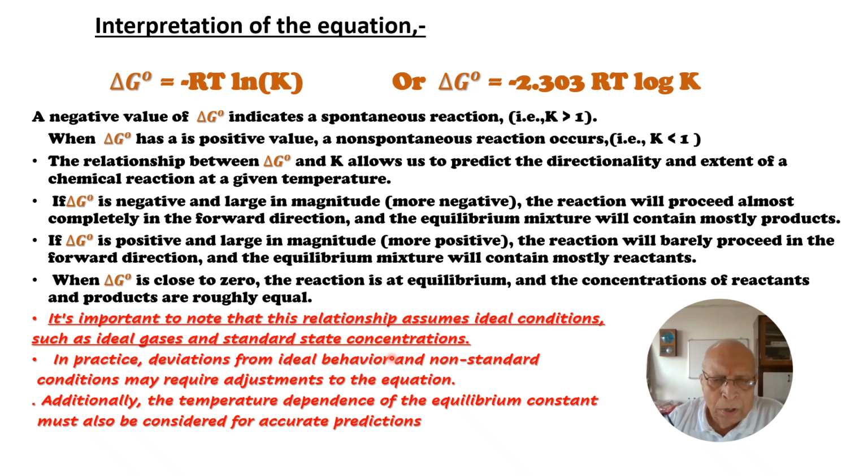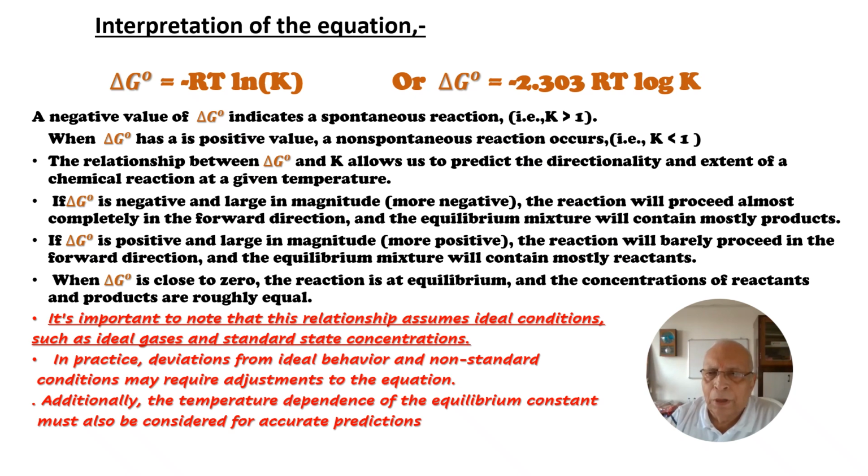We know how to convert the values from standard conditions to non-standard conditions. And of course, most important is that the equilibrium constant depends upon the temperature. So the temperature dependence must also be determined for accurate predictions.